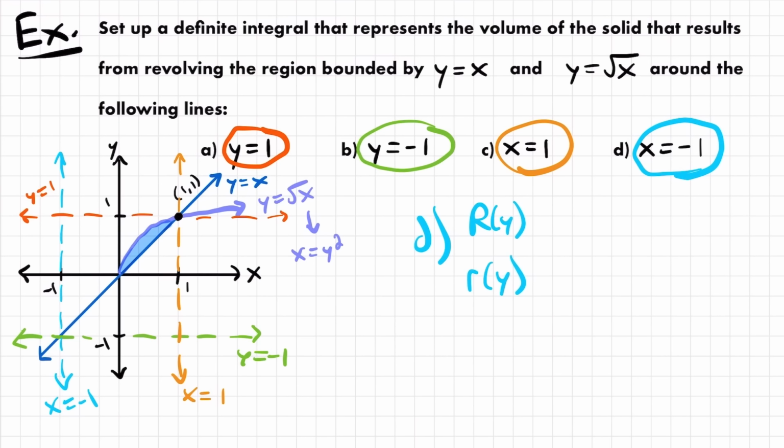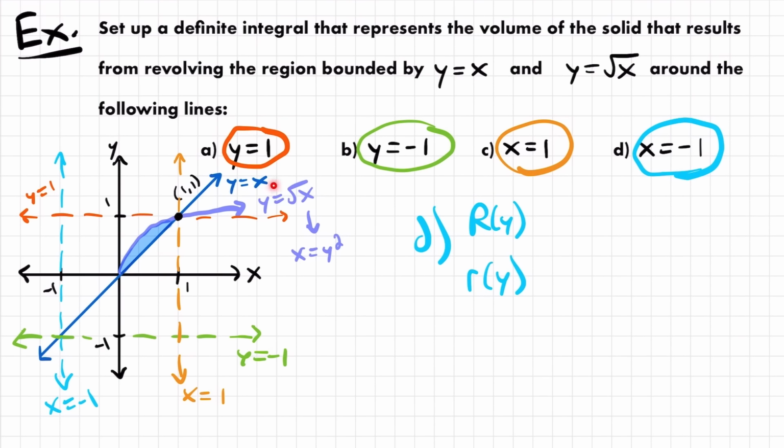But now this time, our region is to the right of the axis of revolution, and so we will be subtracting the value of that axis from the boundaries of our region when determining our radii. Okay, so for the outer radius, with respect to this axis of revolution, as we move towards our region, the line y equals x is the furthest away from that line.